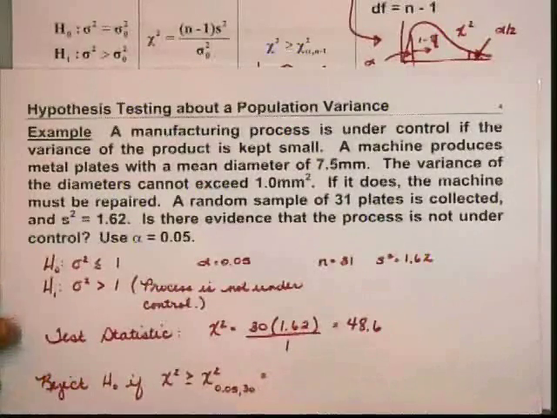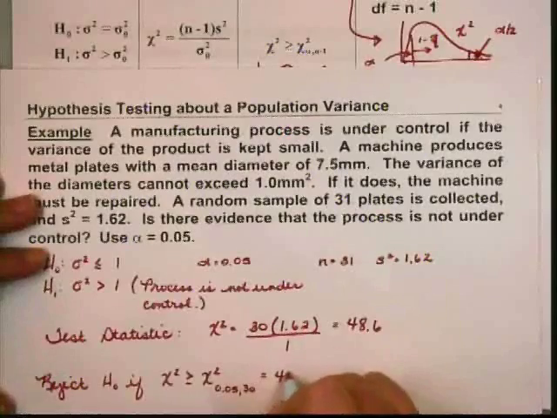So we go to our chi-square table, go to the row for 30 degrees of freedom, and then read over to the column headed by 0.05. That value is 43.773.